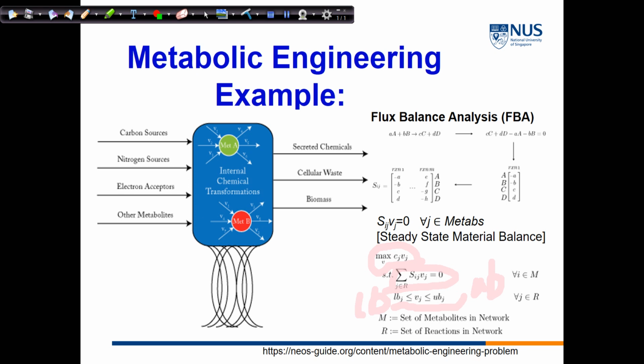We are able to describe this corresponding to the reactions in the network. You get the output of the metabolites to obtain the final valuable product. So your decision variable here, all the V, you will be able to get from the reaction network.